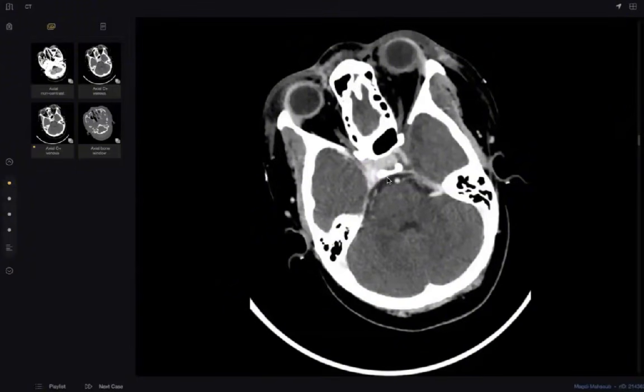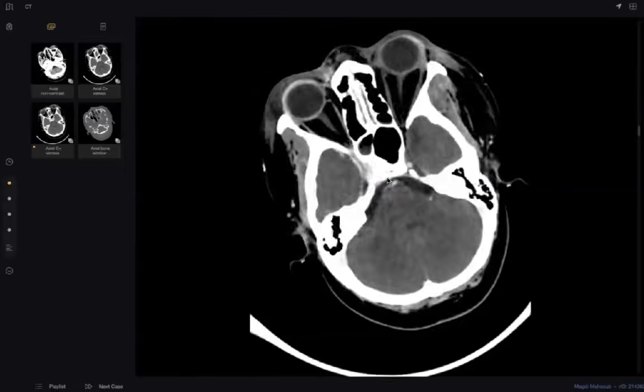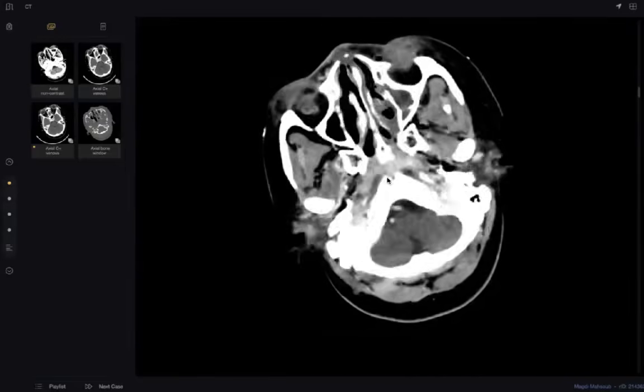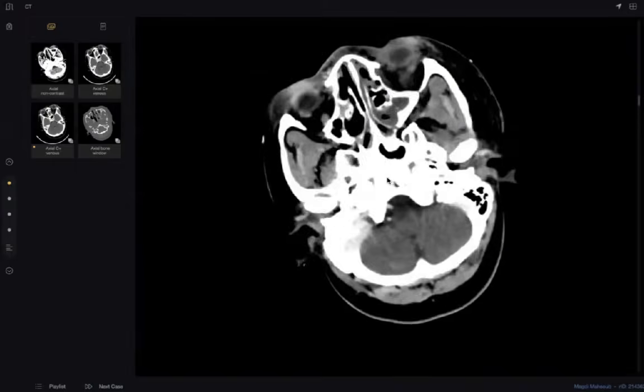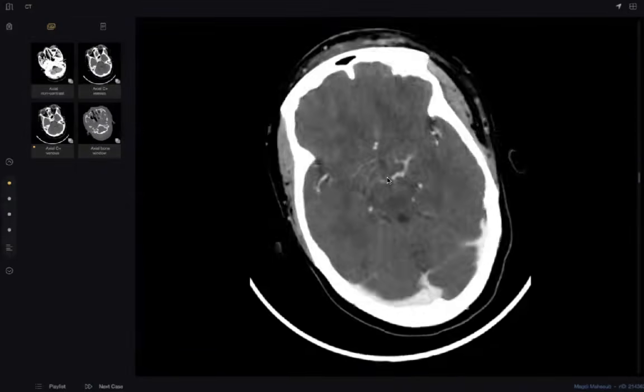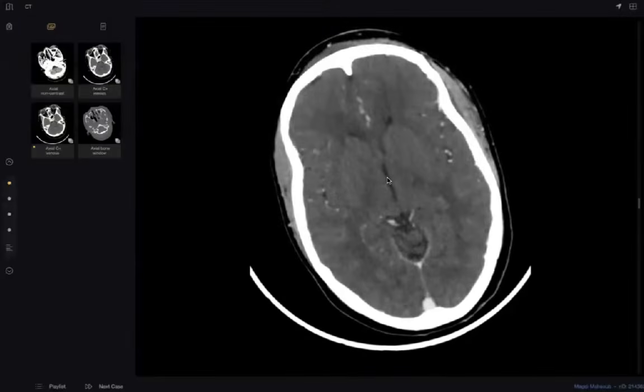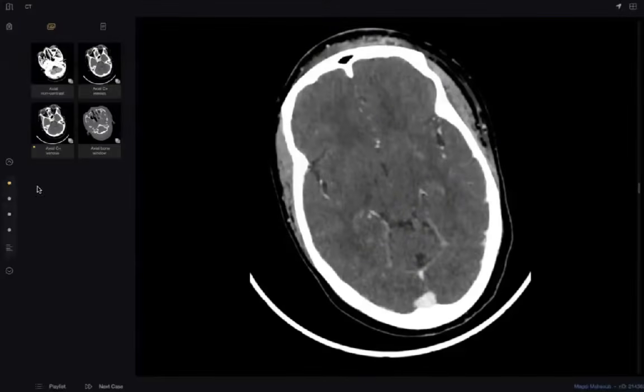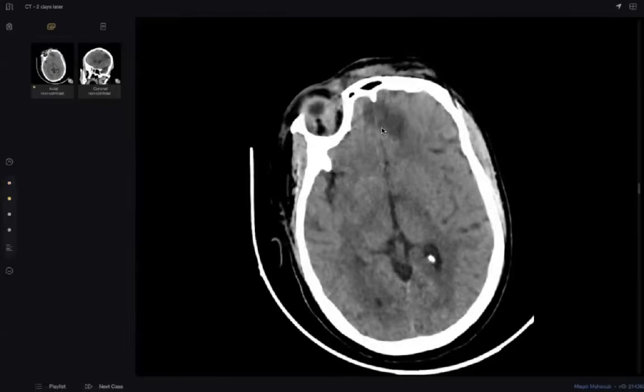All of this, despite the fact that we didn't examine the brain well, because it is mainly an orbit and paranasal sinus examination. Our doctor did very well when she asked for post-contrast and follow-up. After only 2 days, big disaster. What happened?